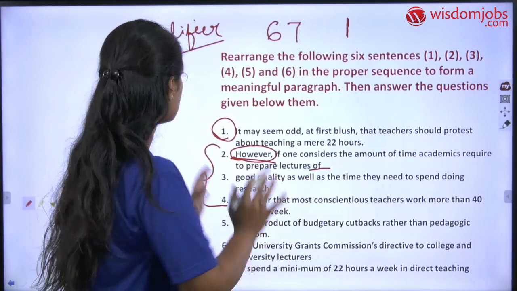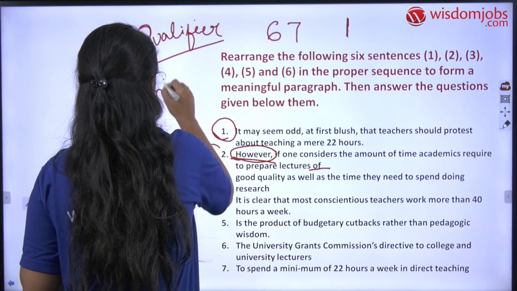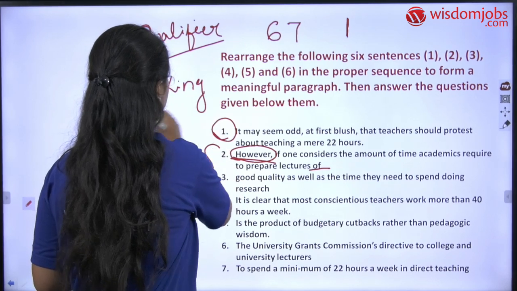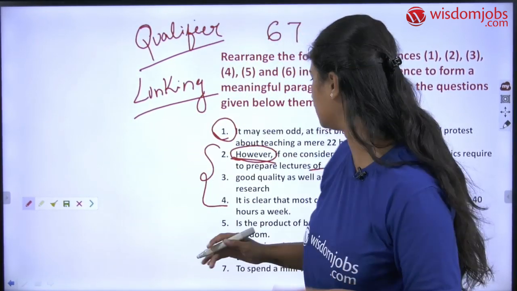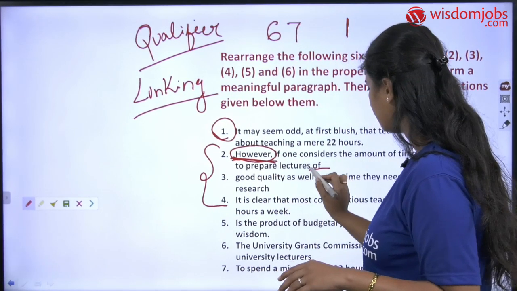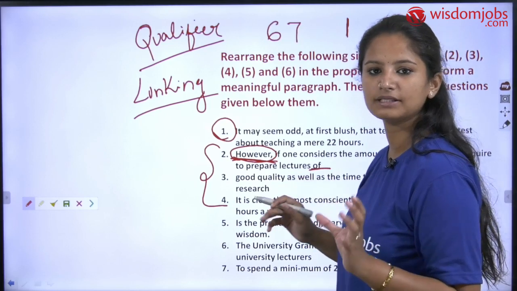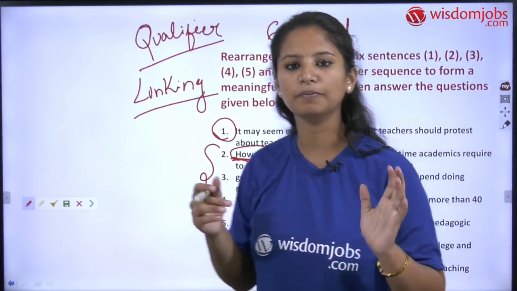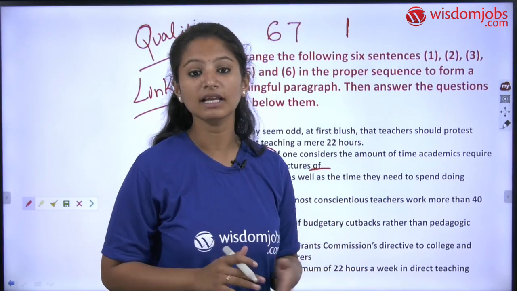How? Because, as I have already told you what a qualifier is, we can also see the linking words. So basically here also the linking words are there. Here linking words are like however, of. These kinds of words like however, of, although, because of, thus, all these kinds of words are called linking words.